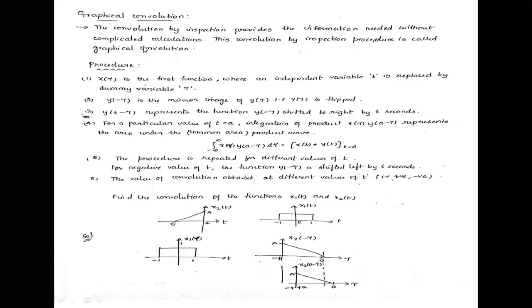Another example you can see: the convolution by inspection provides the information needed without complicated calculations. This procedure is called the graphical convolution. The procedure is: x of tau is the first function, where the independent variable t is replaced by the dummy variable tau, because in the convolution formula itself we have x of tau and y of t minus tau d tau.